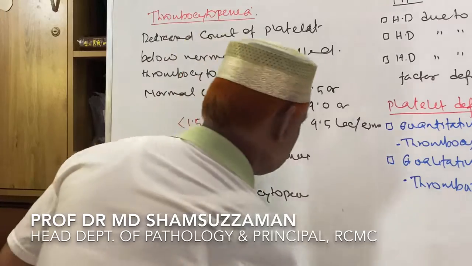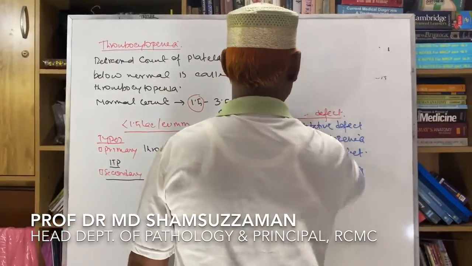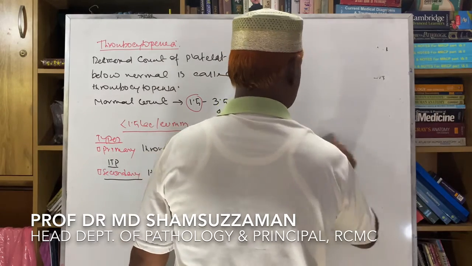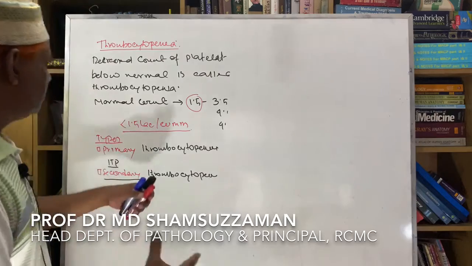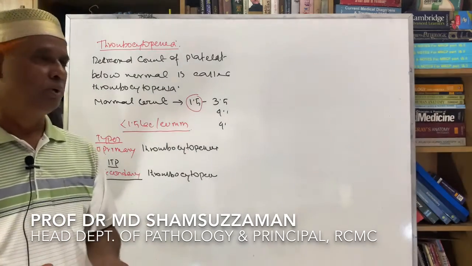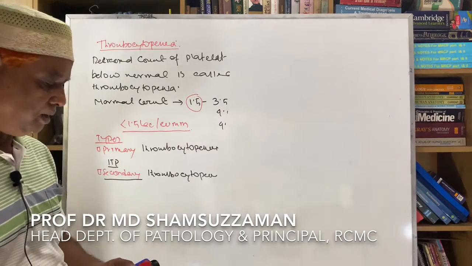Now come to the causes of secondary thrombocytopenia. What are the diseases, situations and conditions where there is thrombocytopenia secondarily?